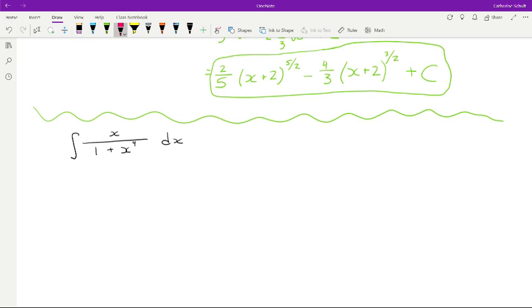All right, and now the question is, what could the inside function be? So maybe we think of the inside function as the denominator. Okay, and then we take the derivative.